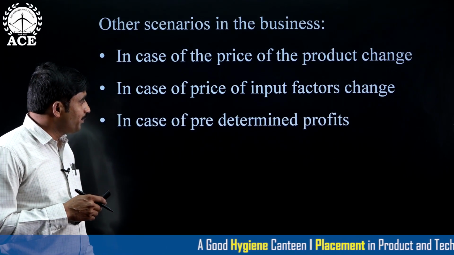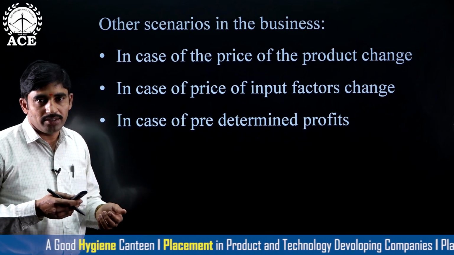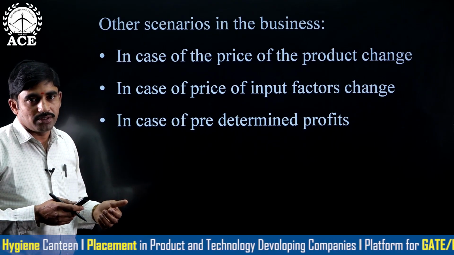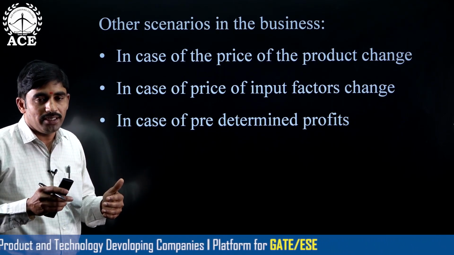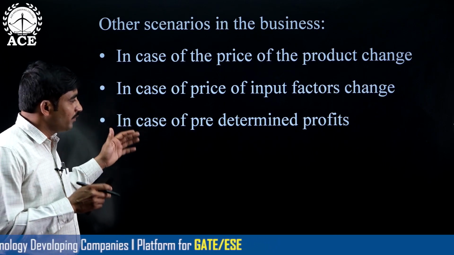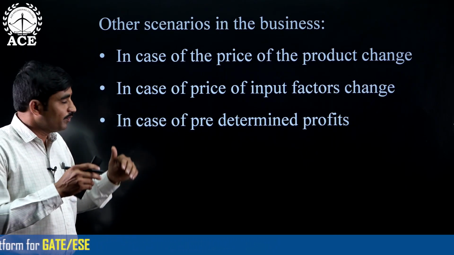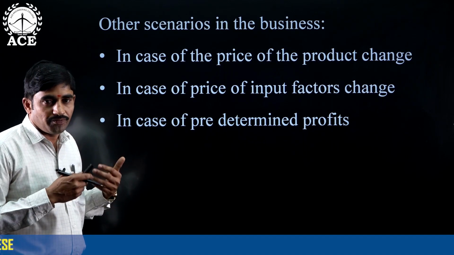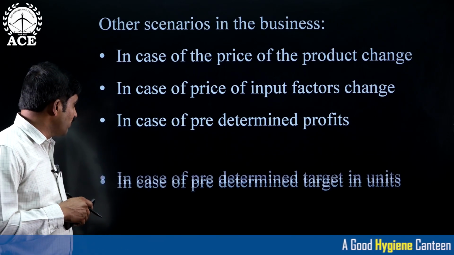In case of predetermined profits, sometimes we may have a target to generate profits. That is what is called desired profit. If we have desired profits, accordingly we can calculate a break-even point. We can make the targets for producing the products in terms of units, or sell the products in order to generate the revenue also.